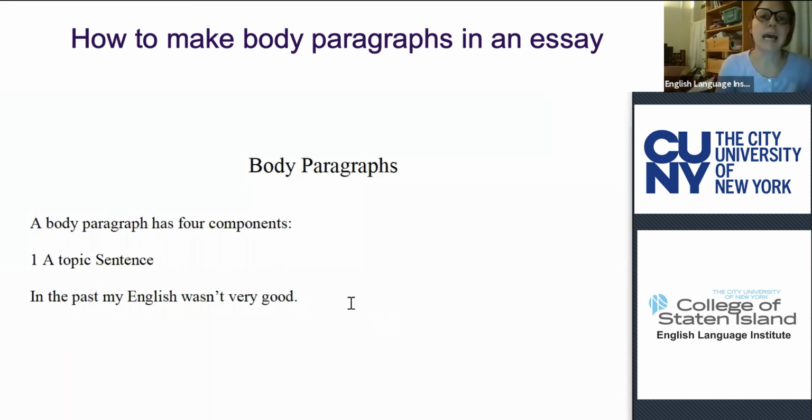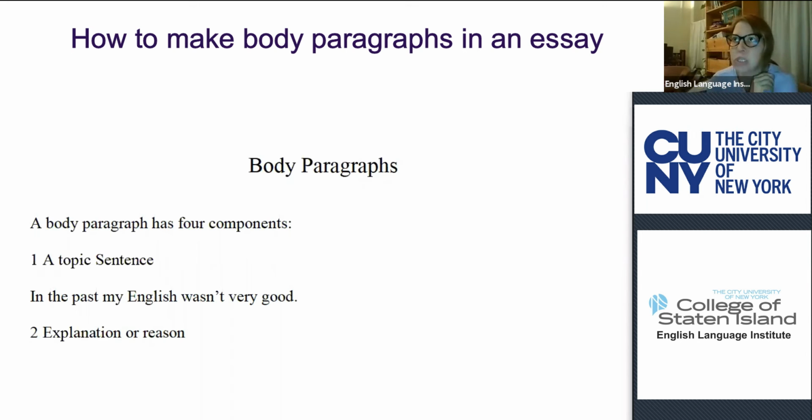So the next thing that happens in a body paragraph is another component, which is the explanation, right? So you want to explain more about your topic sentence. One way to do that is to give us a reason, or there's a lot of different ways to do that. So why in the past wasn't your English very good?